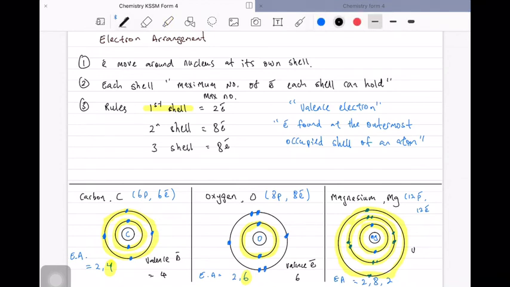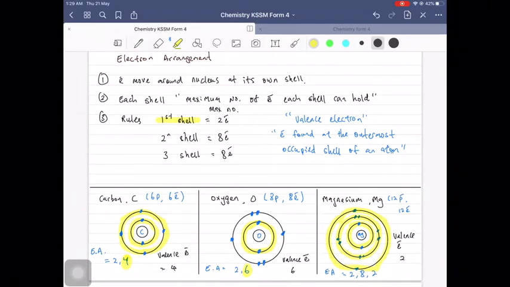And for magnesium, the valence electron is 2, because the outermost shell is occupied by 2 electrons.